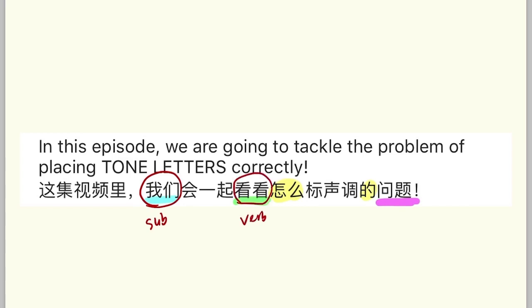And then the object is 问题, problem. What kind of problem? 什么样的问题？怎么标声调. Remember what we said? 怎么 means how to or how. So how to place tone letters. This is the further description of our object, 问题. So in this episode, we're going to have a look at the problem of how to place tone letters.